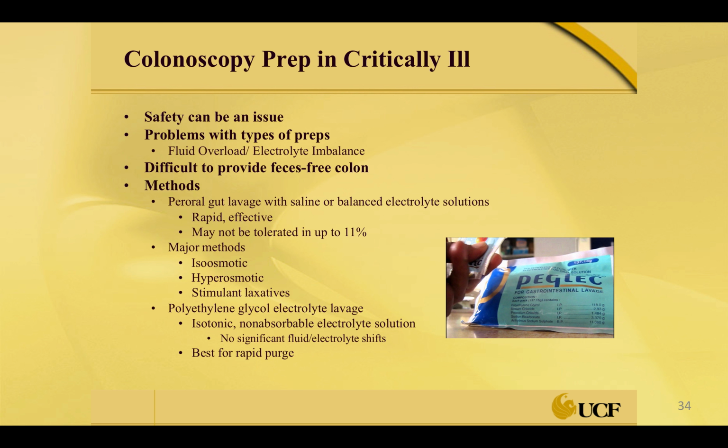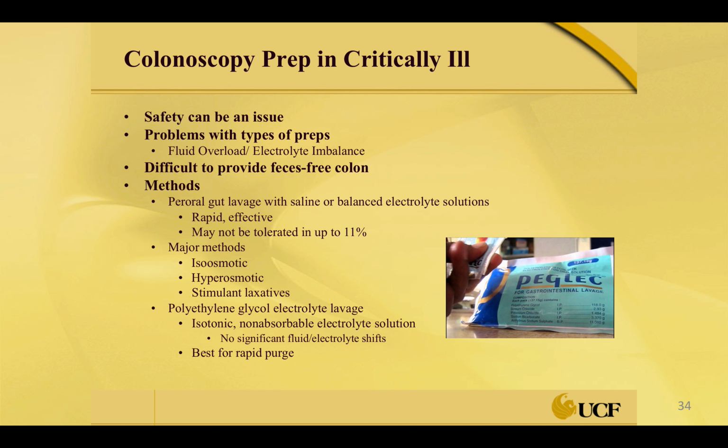It's difficult to provide a feces-free colon, so we have to take what we got, basically. There are different methods. We have the peroral gut lavage with saline or balanced electrolyte solutions, which is very rapid and effective, but may not be tolerated in as high as 11% of the patient population. Other methods like isosmotic or hyperosmotic solutions or stimulant laxatives are also used.